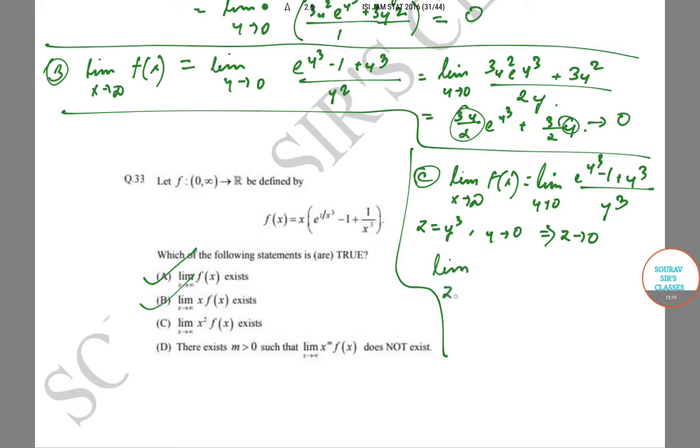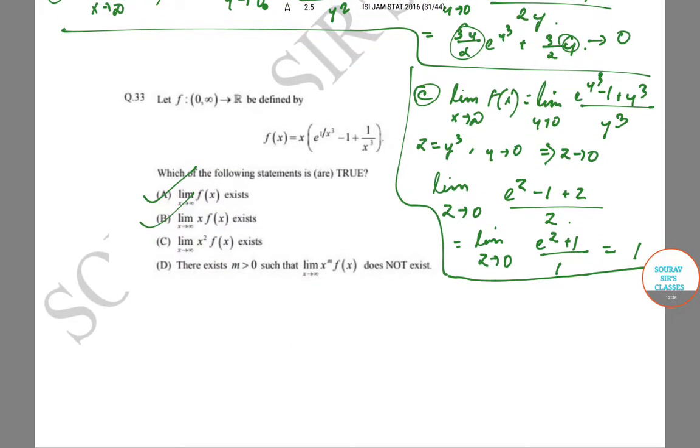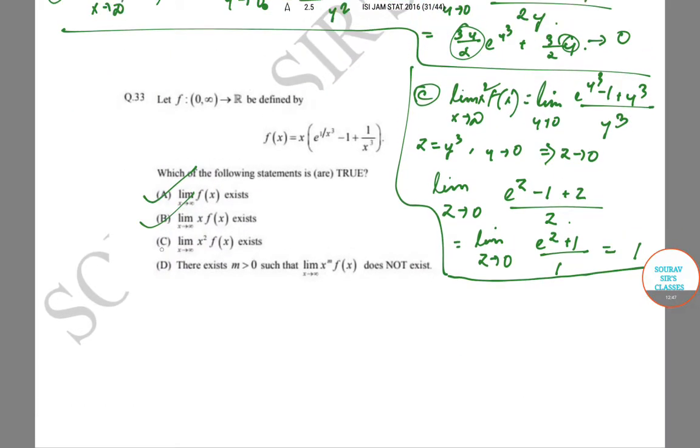So this limit is equal to e to the power z minus 1 plus z by z, which is equal to limit z goes to 0 e to the power z plus 1 by 1 by L'Hopital's rule, and hence this is equal to 1. So the limit as x goes to infinity of f(x) times x squared, this also exists, and C is hence correct.